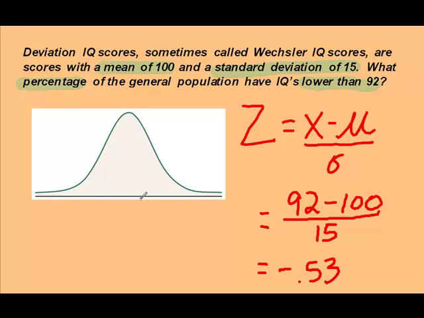In my lovely table to the left, there's the mean, 1 standard deviation, 2 standard deviations, 3 standard deviations, negative 1, negative 2, negative 3. Negative 0.53 would be about half a standard deviation lower than the mean, right here.